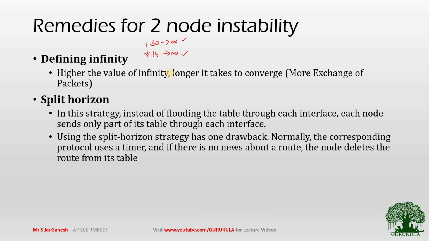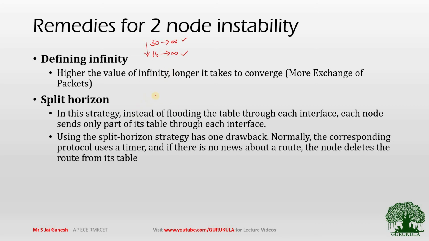In our previous example, if A does not hear about X for a long period of time, then A will automatically delete the entry X from its routing table. So that is what the split horizon is. So with split horizon, B will send only the partial table.